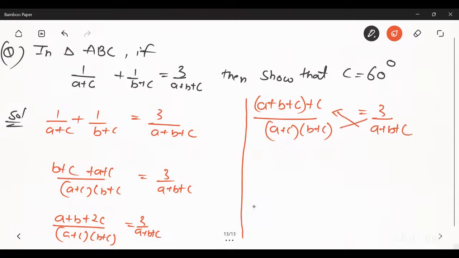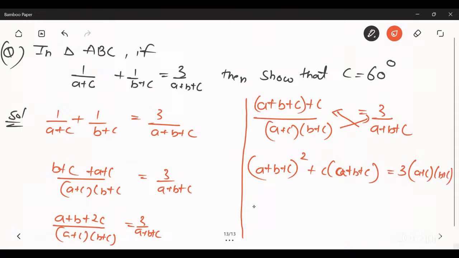Now do cross multiplication. If you multiply, you will get a plus b plus c whole square plus c times a plus b plus c is equal to 3 times a plus c into b plus c.